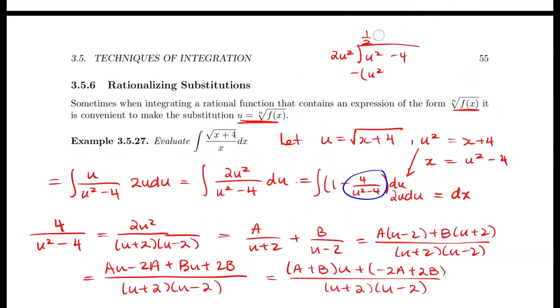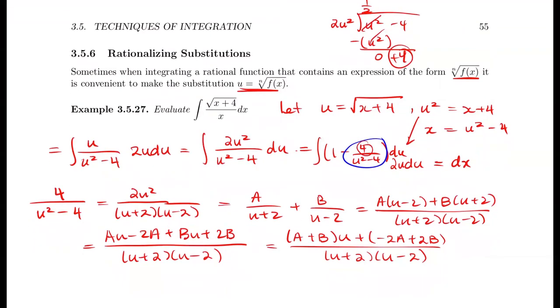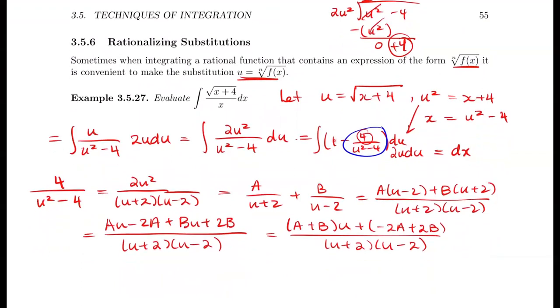Yeah, so that's all for this one. So we would just have 0 here, and we have just plus 4. So this is the remainder here. So that would go on top here, and we just do 1/2 here.